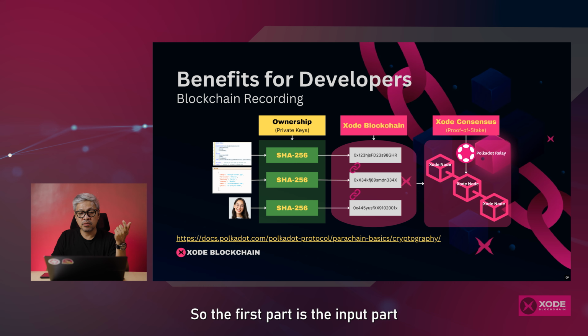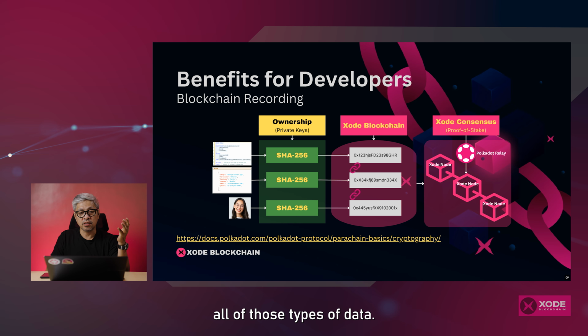So the first part is the input part, which says that the blockchain could accept any data, whether it is a basic data table like employee records, or a text file, a CSV file, or even an image or a video. So it could accept all of those types of data.